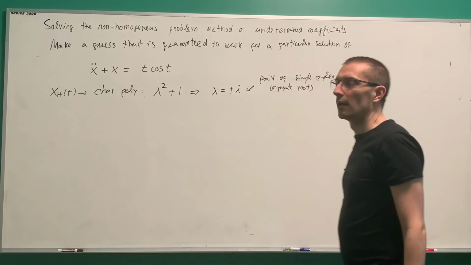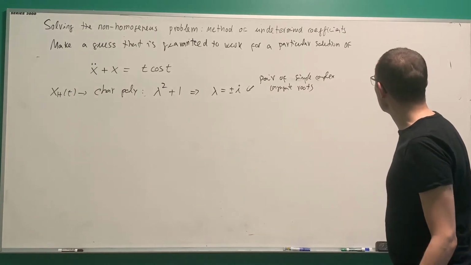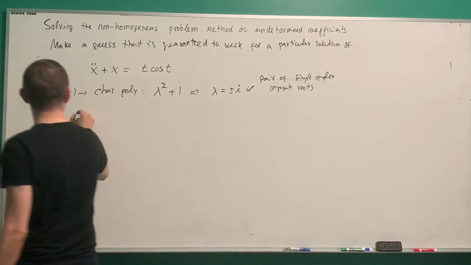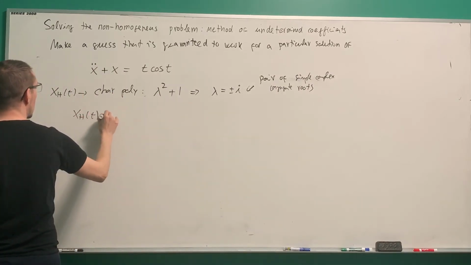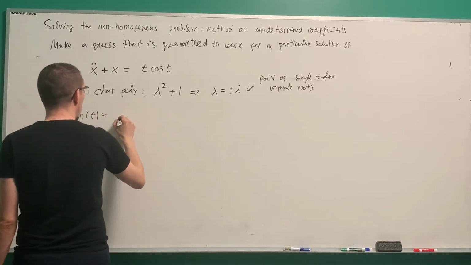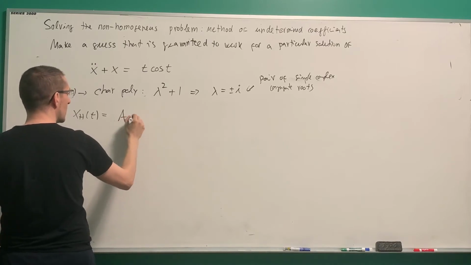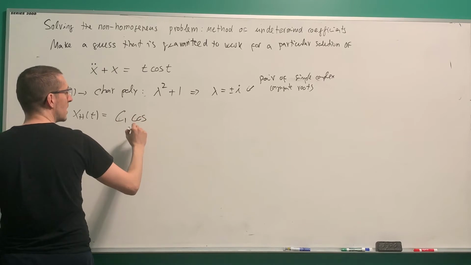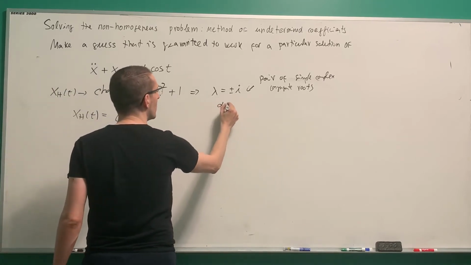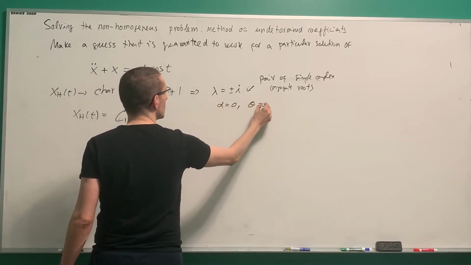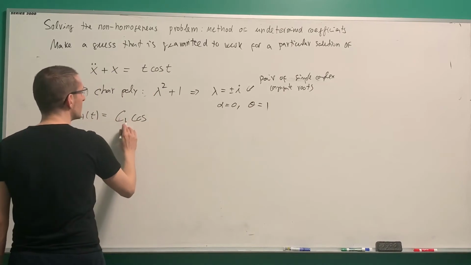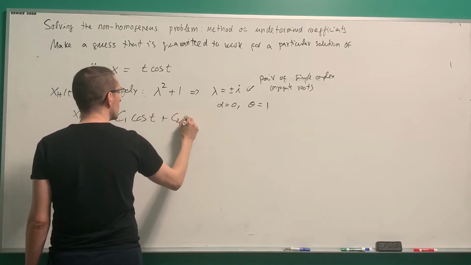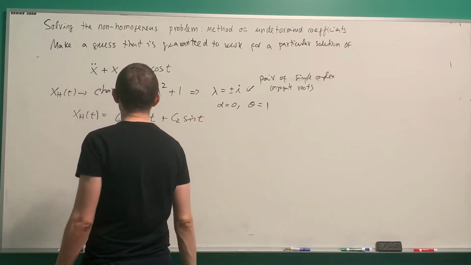What we have in this case is that the homogeneous solution is of the form, let's call it C1 cosine, remember alpha is equal to 0, theta is equal to 1 in this case, so it's C1 cosine of t plus C2 sine of t.